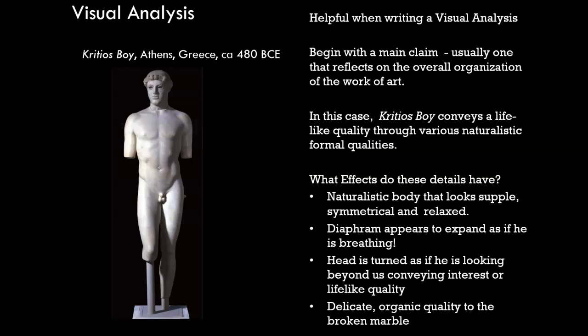Naturalistic body that looks supple, symmetrical, and relaxed. A diaphragm that appears to expand as if he is breathing. His head is turned as if he is looking beyond us, conveying interest or a lifelike quality. There is a delicate organic quality to the broken marble. And all of my observations and my effects are now organized around my main thesis or statement. And this is how one goes about a written visual analysis.